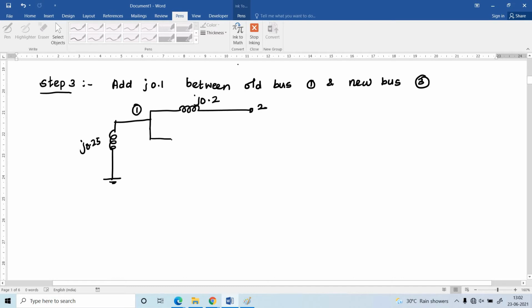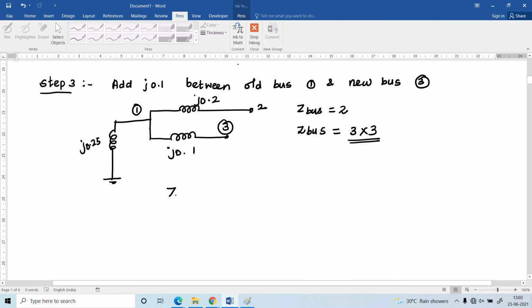Now I am going to add this to bus number 3. Here the element is J0.1. In this case, one more branch is added, so the order of the matrix is increased by 1. In the previous case, the order of the ZBUS is 2. Now the order of the ZBUS matrix is increased from 2 to 3. Now we get the new matrix, that is 3 cross 3.